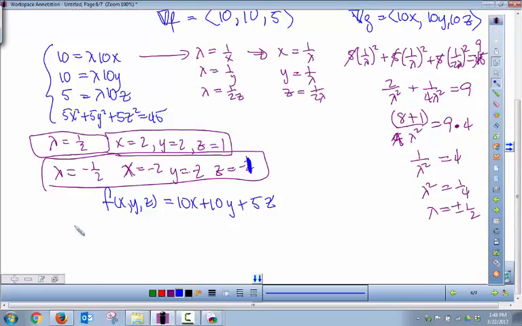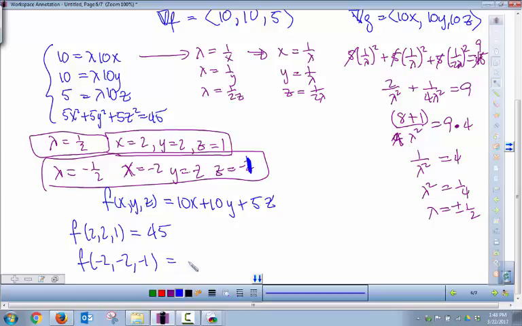So let's put the first set of numbers in. F of 2, 2, and 1. So that's 10, 20, 45. Is that right? Looks like this is just going to be negative.